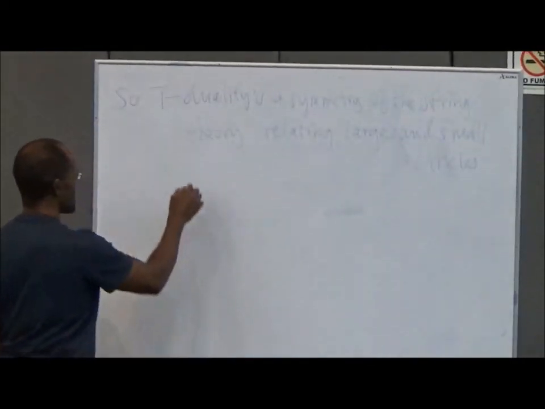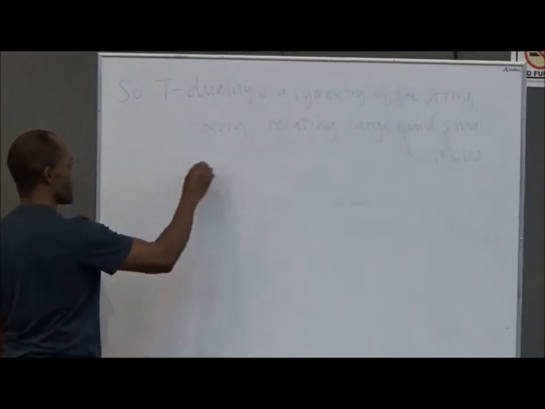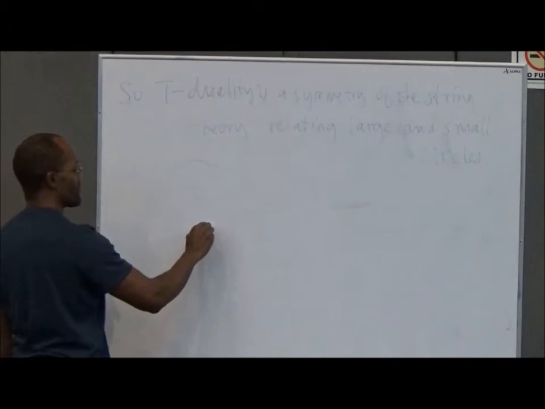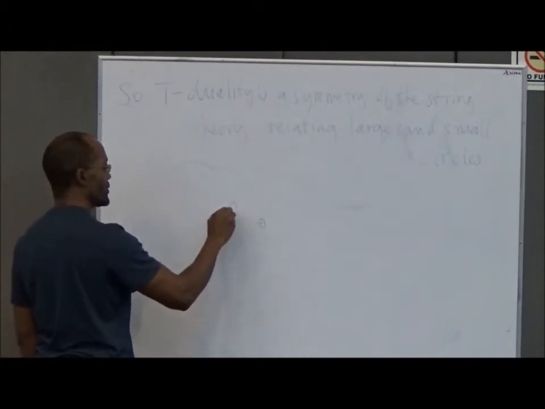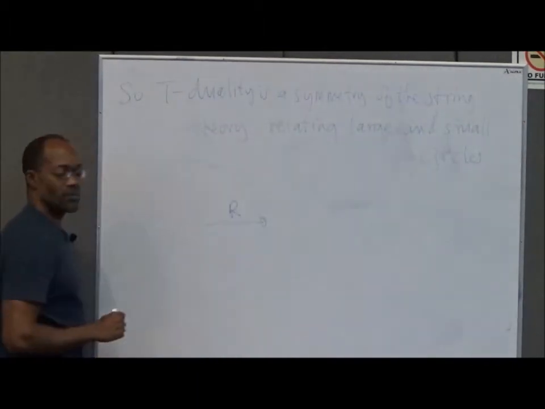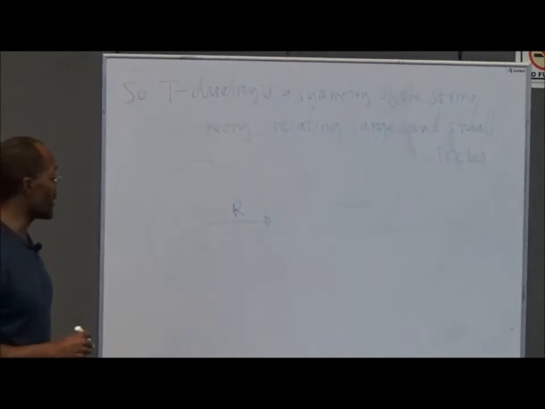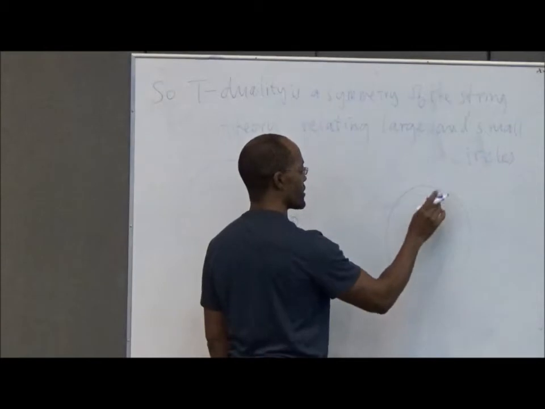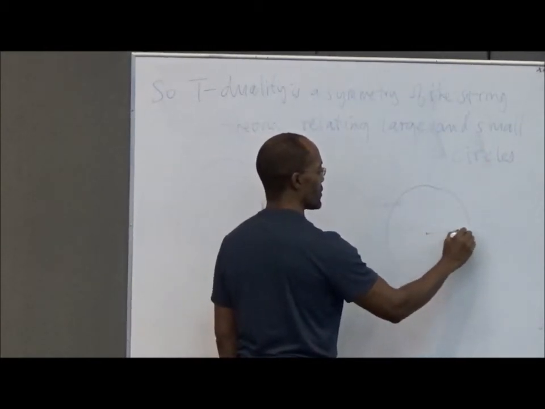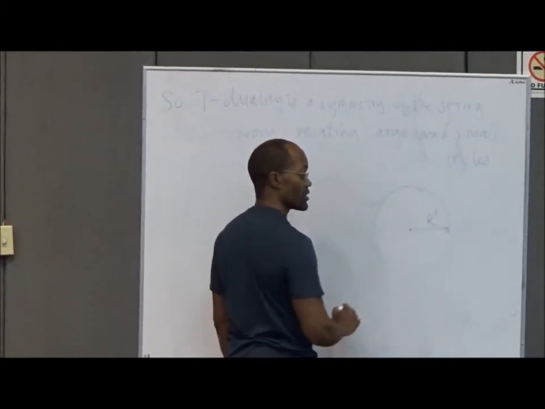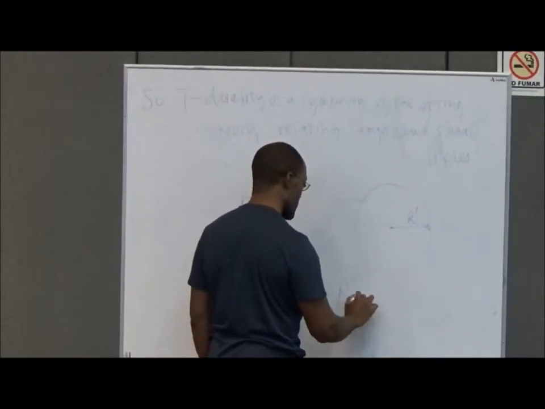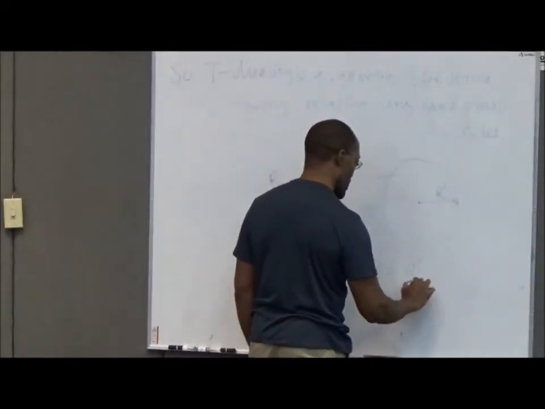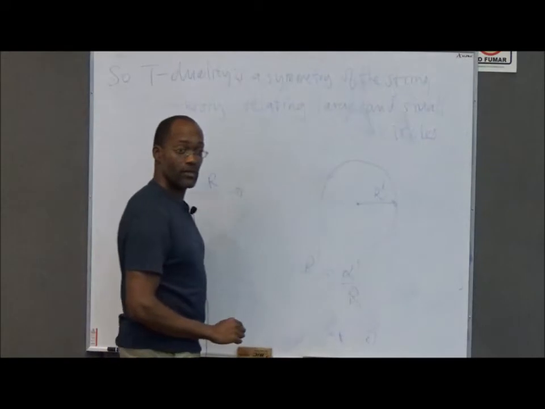Right? So I have a theory on a circle of radius r, okay? And I have a theory on the circle of radius r primed, where r primed is alpha primed over r, okay?